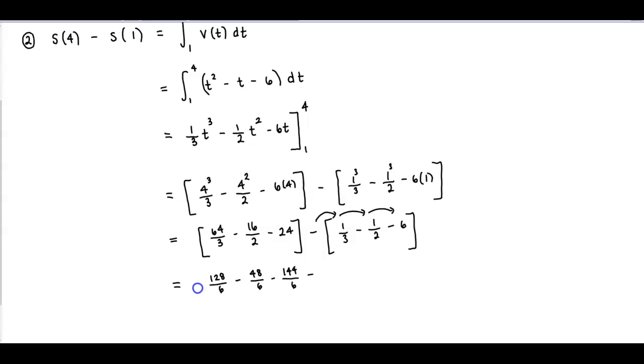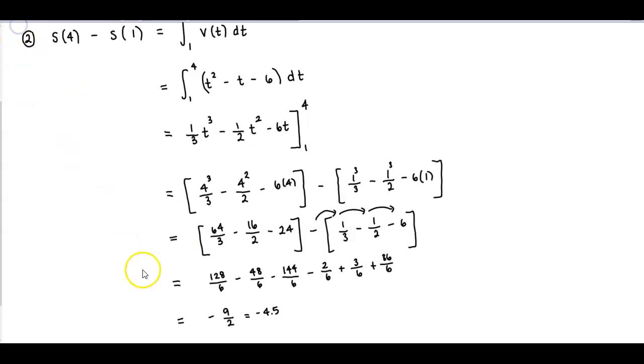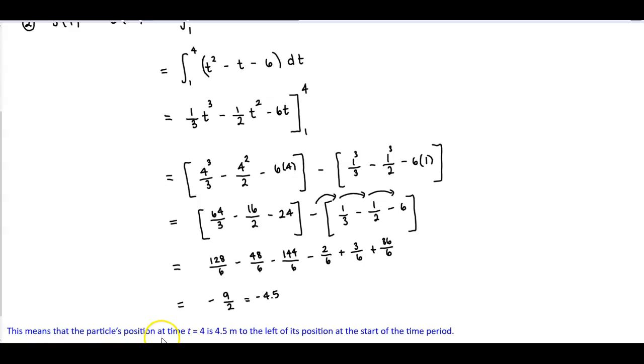And so we're going to get minus 2 over 6 plus 3 over 6 plus 36 over 6. And so that will reduce to negative 9 over 2, which is equal to negative 4.5. And so therefore, this means that the particle's position at t equal to 4 is 4.5 meters to the left of its position at the start of the time period.